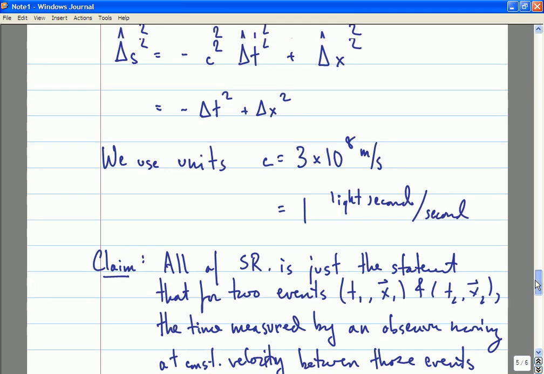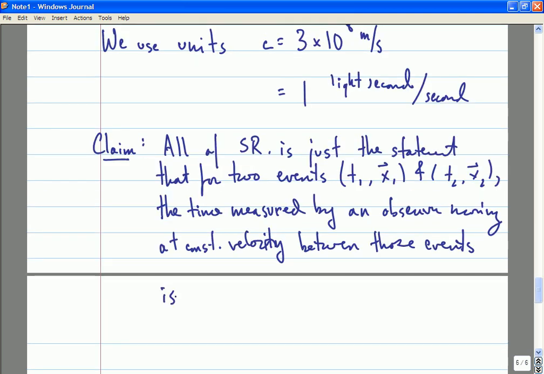So it's equal to delta tau, which is given by the formula delta tau squared is minus delta s squared. So this invariant interval that we have defined has a simple physical interpretation. It is just the proper time measured by an observer who is moving at constant velocity between these two events.